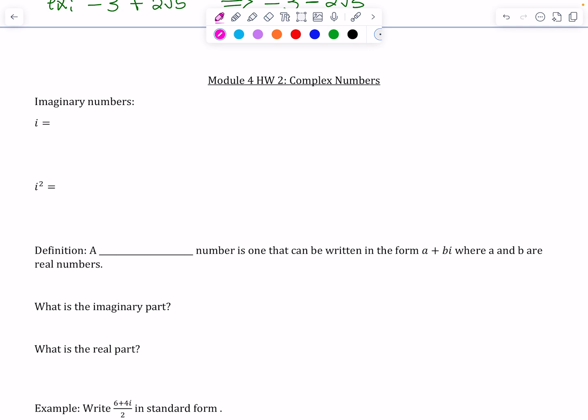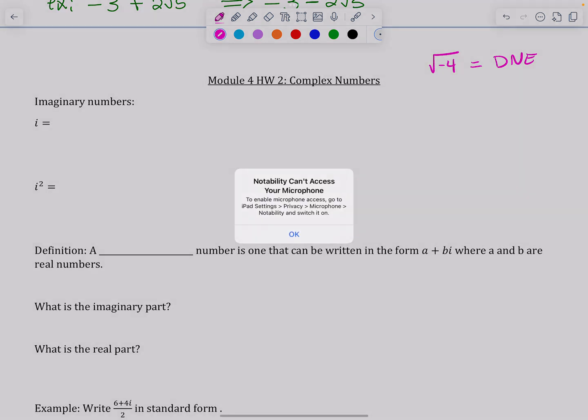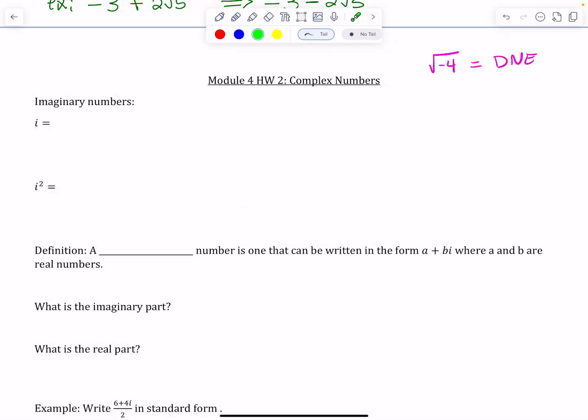In the section before this, when we had the square root of a negative, our answer was D and E, or does not exist. And once we learn about imaginary numbers, we're not going to do that anymore. So once we do this section, you're no longer going to give D and E for an answer when you have a negative under the radical.